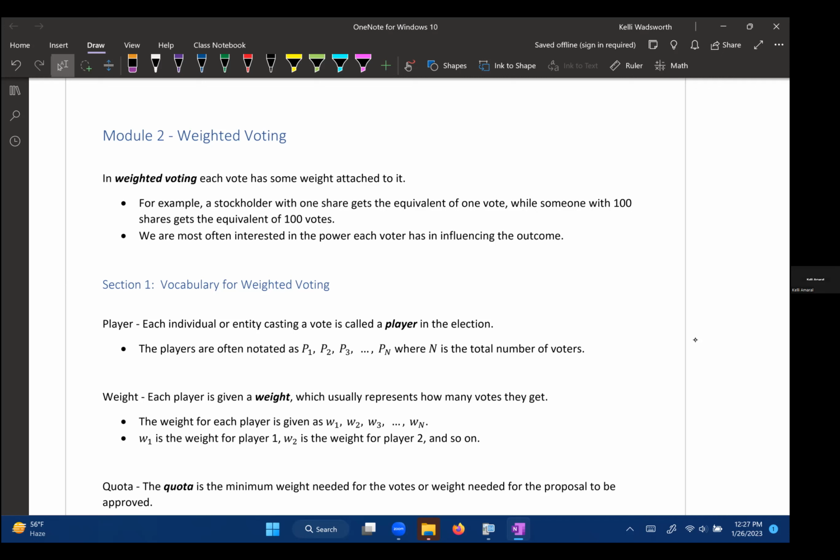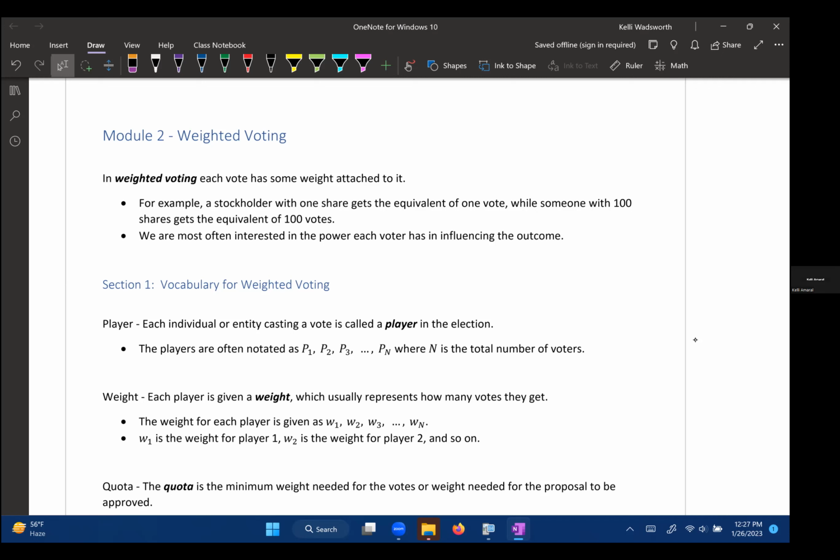For example, with a company, the stockholders often get one vote per share. So someone who owns a lot of the stock has more votes, so they have more weight in the voting system. Their yes or no is going to be counted as more powerful than someone with fewer shares and votes.